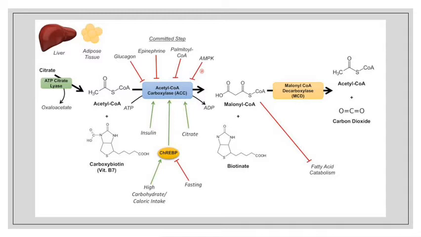So essentially, what is fatty acid synthesis? Fatty acid synthesis is the creation of fatty acids from the acetyl-CoA and the NADPH. And this creation is going to be done through the action of enzymes that are called fatty acid synthases.